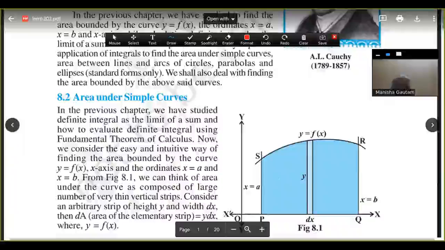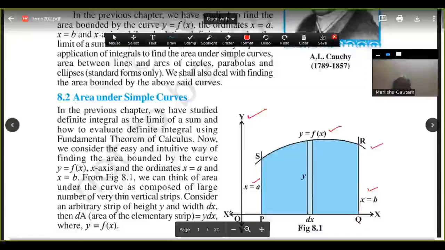Here you can see, this is figure 8.1. Suppose the curve y is equal to f(x) is a curve. And we have to integrate this area under this curve from the point x is equal to a to x is equal to b.